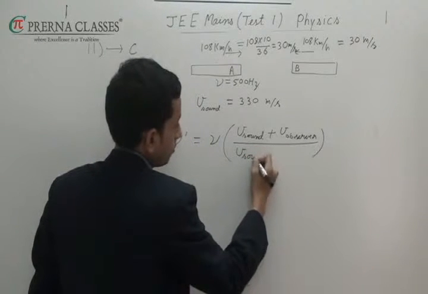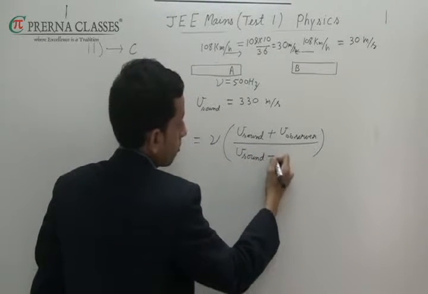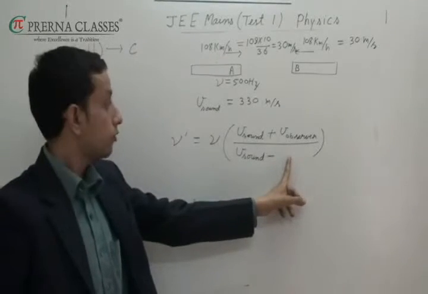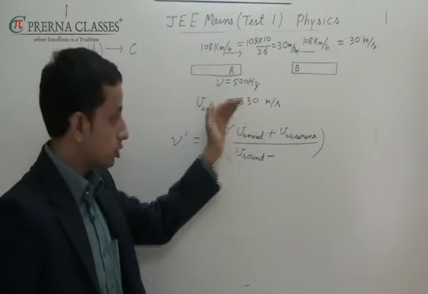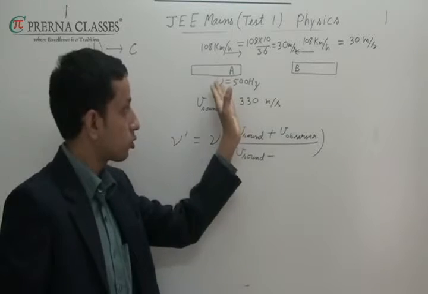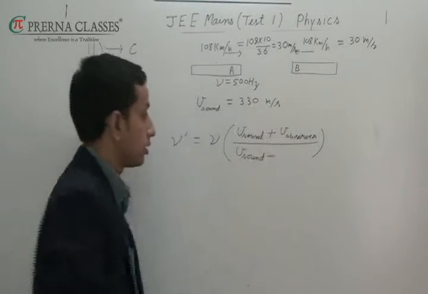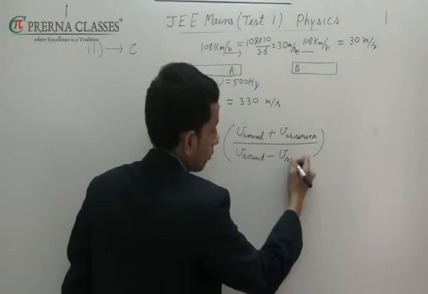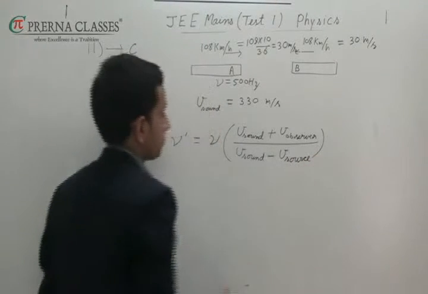velocity of sound minus velocity of the source. Since the source is going towards the observer, we will write velocity of source here.